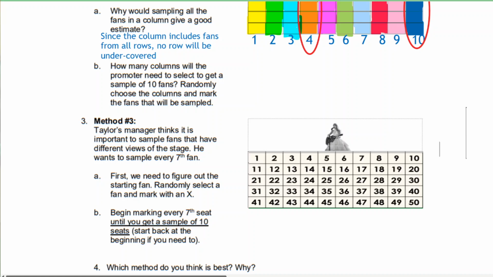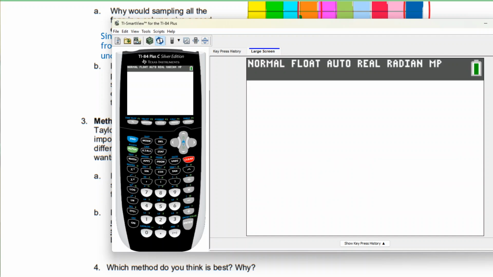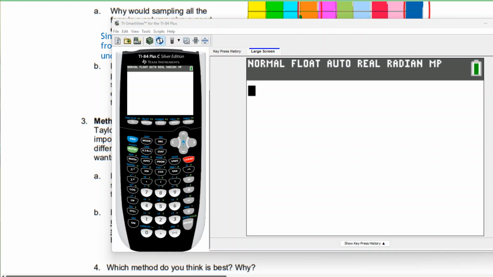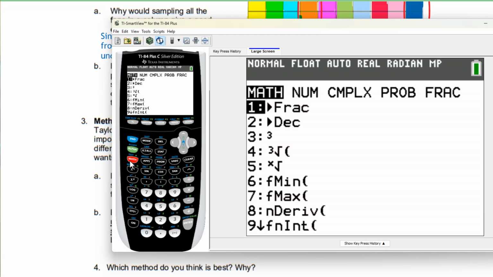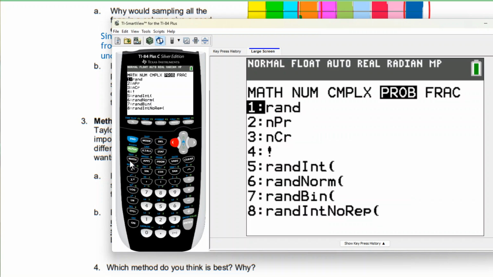And then let's take out our calculator and select a random number between 1 and 50. I think there were 50 fans. Let's take a look. Yep, there were 50 fans. And now we'll select our starting place. To do that, we'll click Math, Probability, Random Integer, which is number 5.